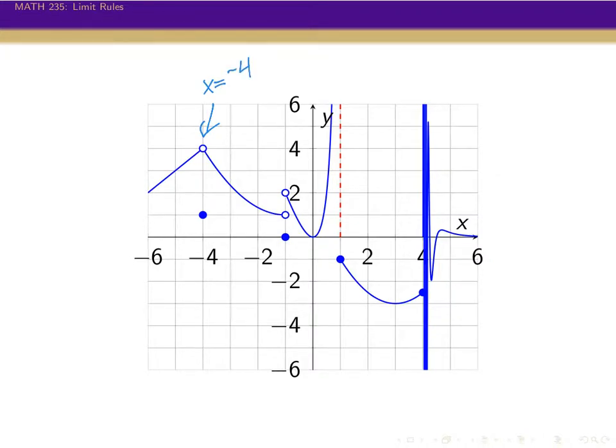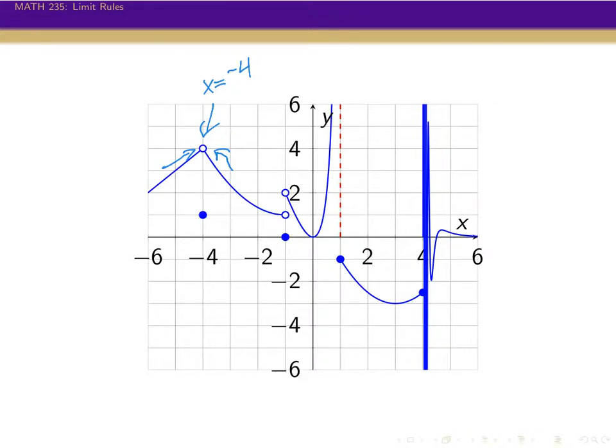As we approach minus 4 from the left, the function's going up to 4. As we approach it from the right, it's also going up to 4. So the two one-sided limits both exist and they agree with each other. We just have a hole right there.